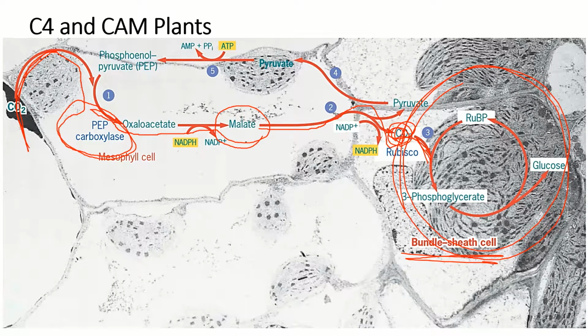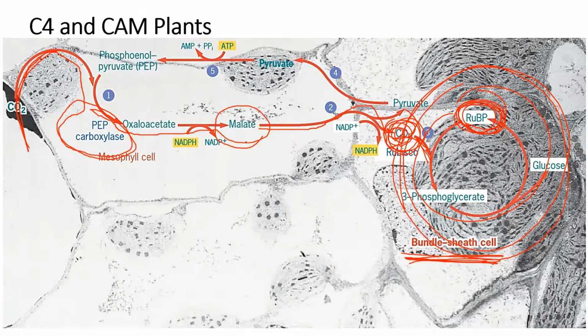So this reduces the tendency of Rubisco from working with oxygen gas, because carbon dioxide is chaperoned into the bundle sheath cell using oxaloacetate and then malate.